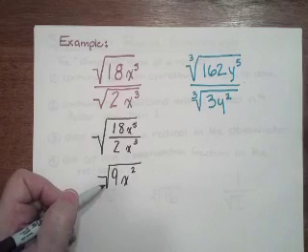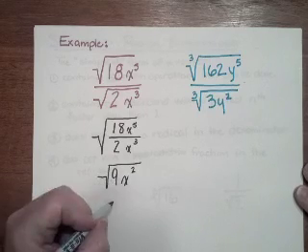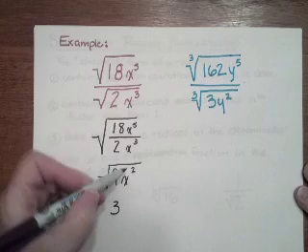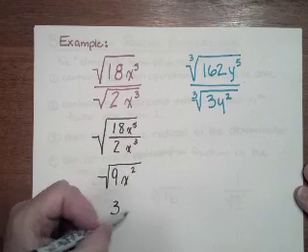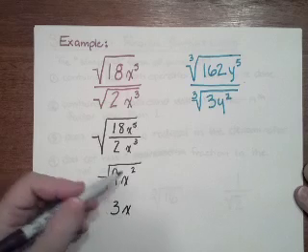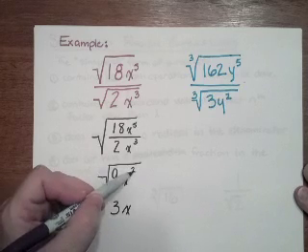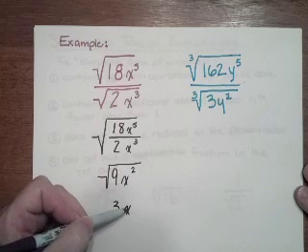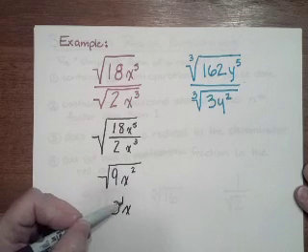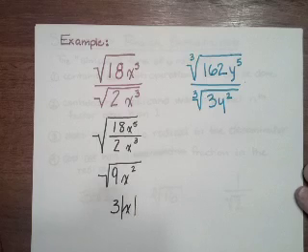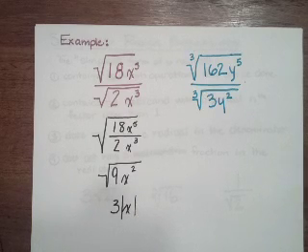Well, the square root of 9 is 3. And the square root of x squared is x. But remember, I have an even root with an even power and the result is odd, so I need to put the absolute value around that. So there's my answer. Let's look at the other one.